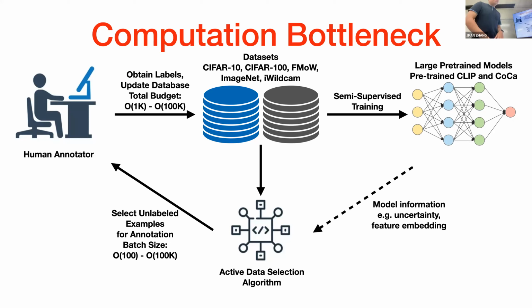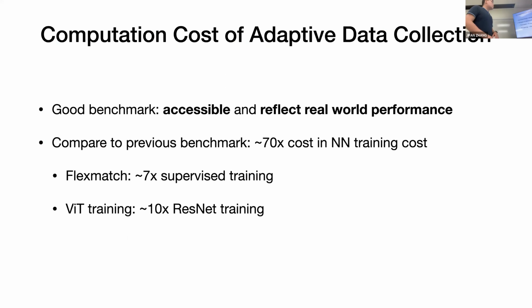And so to give you a more concrete comparison, in model training, we roughly see a 70 times more expensive cost in neural network training. Because we're using semi-supervised learning, it's usually 7 times the cost of supervised training.